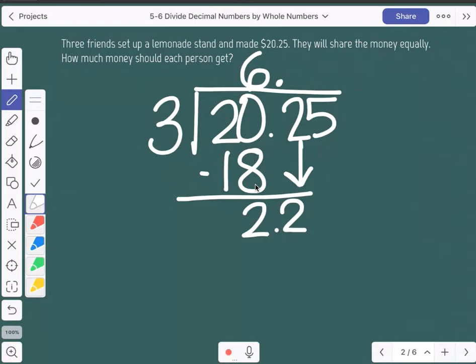If I have 22 dimes and I broke that evenly into 3 groups, I could put 7 in each group. Then after I subtract, I have 1 dime remaining. And I need to bring down my 5 pennies, or 5/100ths.